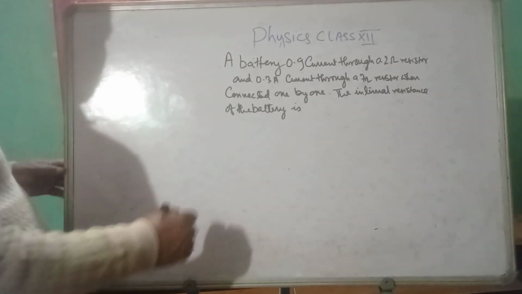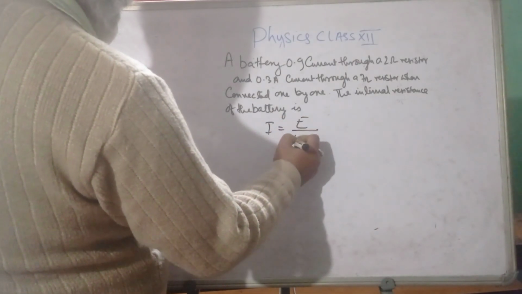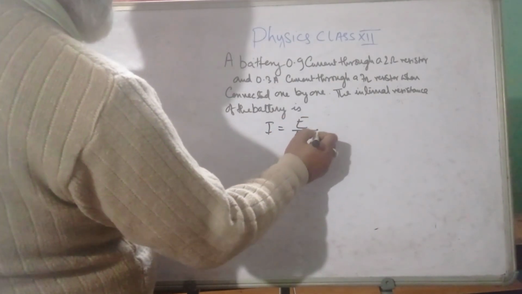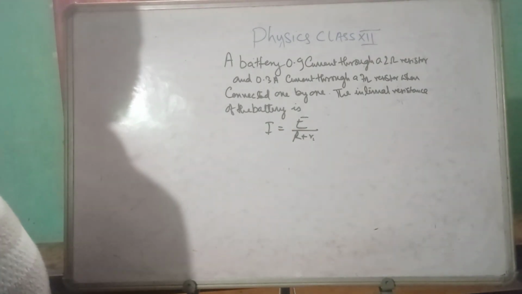Here we know the relation I is equal to E by R plus r. This r is the internal resistance of the battery.